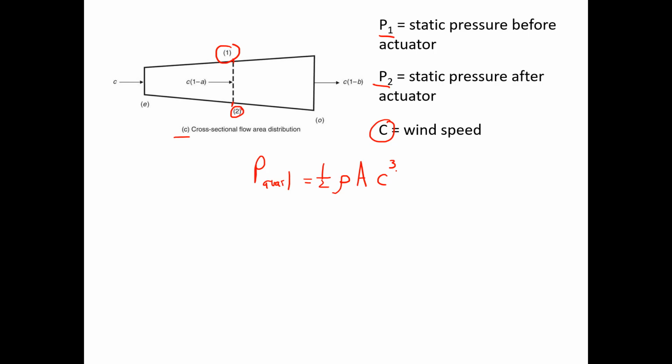So what I'm first going to do is apply, as we did in the prior slide for hydroelectric power, Bernoulli's equation. We're going to apply Bernoulli's equation at a point upstream and downstream to the actuator.